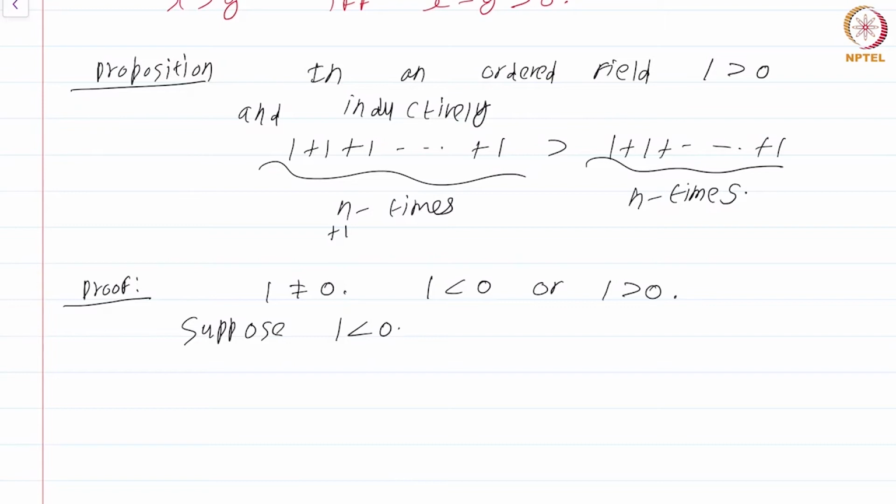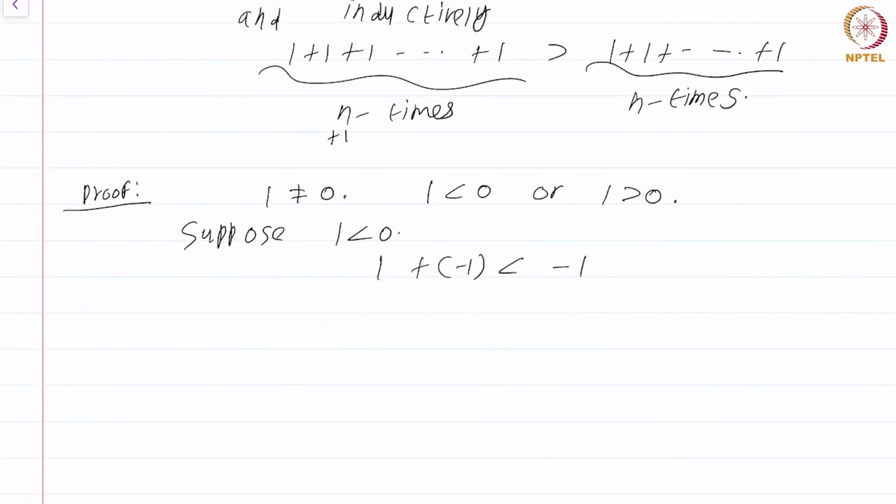Then I can add minus 1 to both sides by one of the field axioms, the behavior under addition, and conclude that 1 plus minus 1 is less than minus 1, which in turn gives that 0 is less than minus 1, because 1 plus minus 1 is just 0.